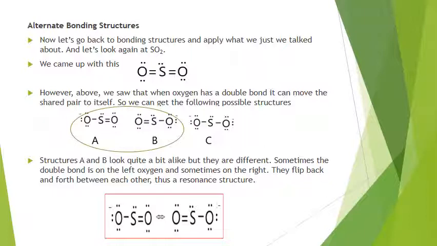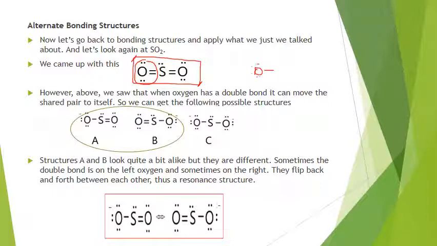All right, so let's go back and look at sulfur dioxide. We came up with this structure here. Remember, sulfur didn't follow the octet rule, and that was in the earlier slide. However, we learned that whenever you have a double bonded oxygen, you could also write it out as a single bond with 3 lone pairs.